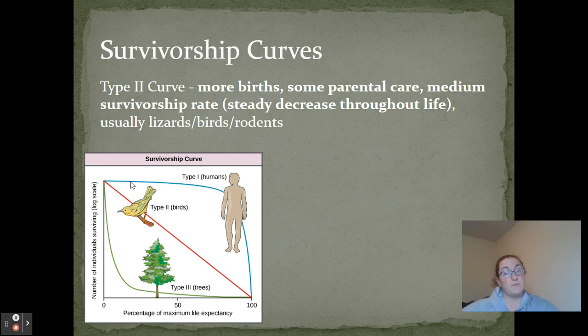They don't have the parental care like mammals do for a couple years. They only do it for a couple weeks to a couple months, and then they say bye-bye and fly off. This leads to a steady decrease throughout their life because they don't have the longer parental care to help them over a long period of time. Usually your lizards, your birds, and your rodents.